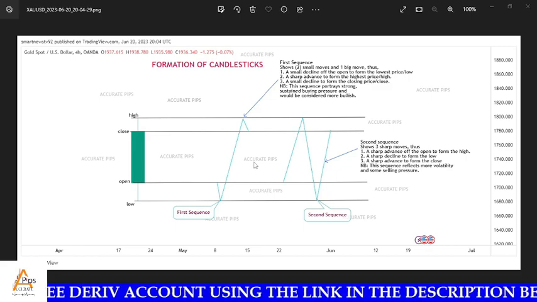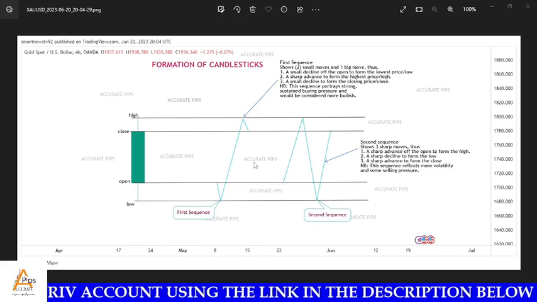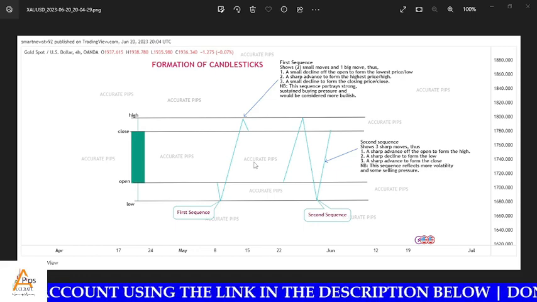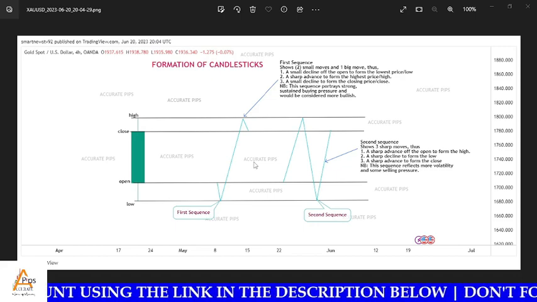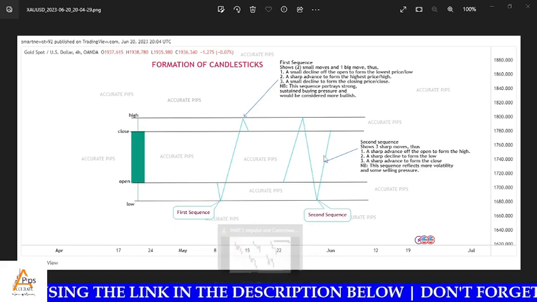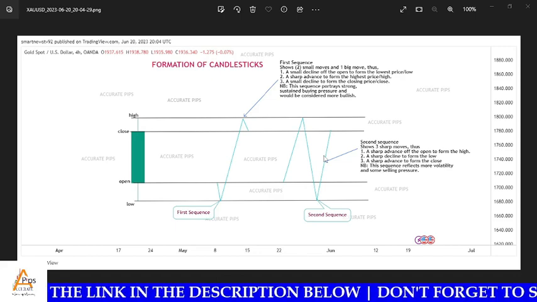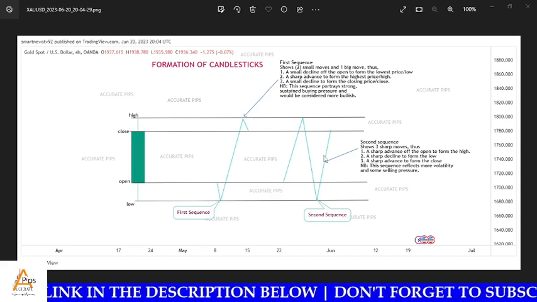This especially helps you understand the formation of the daily candle, because on the price chart you'll be able to use what we call period separators.